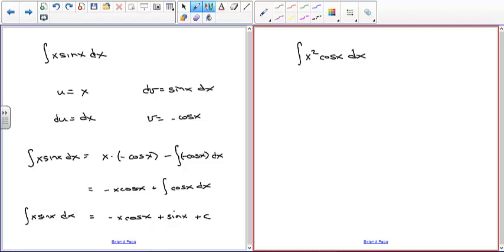Again, the rule is that u is a function whose derivative is simpler than the original function, which still applies here. The derivative of x squared is 2x, so that is simpler. You go from a quadratic to a linear.